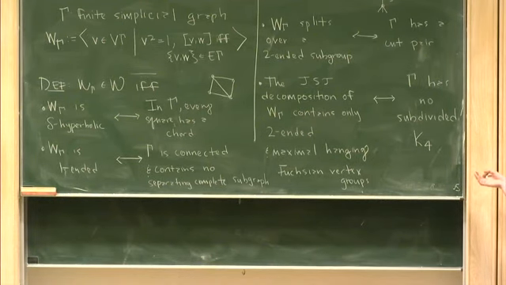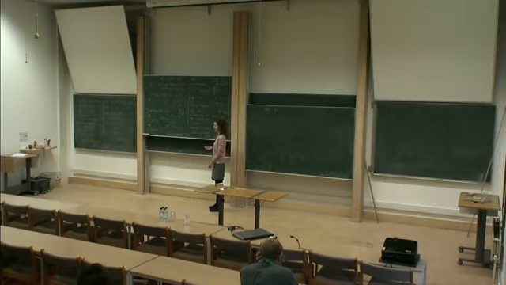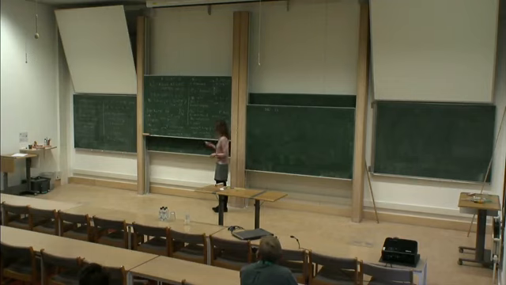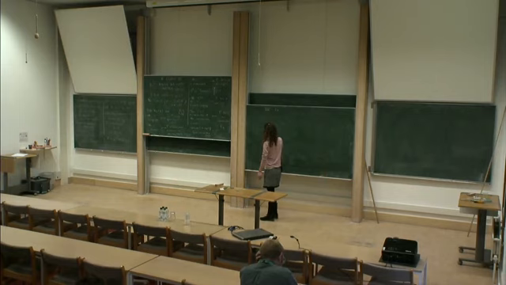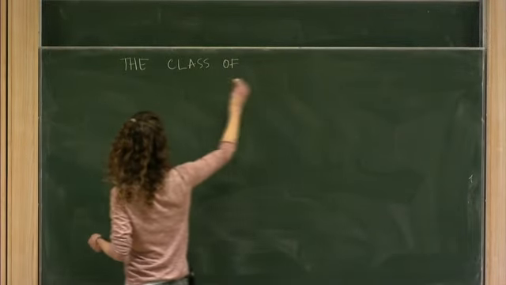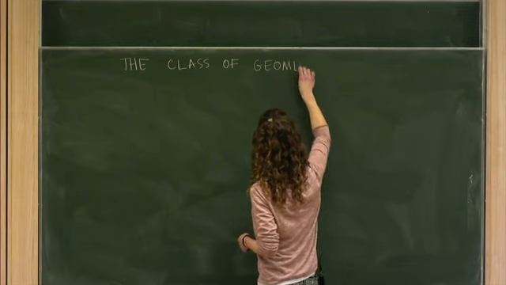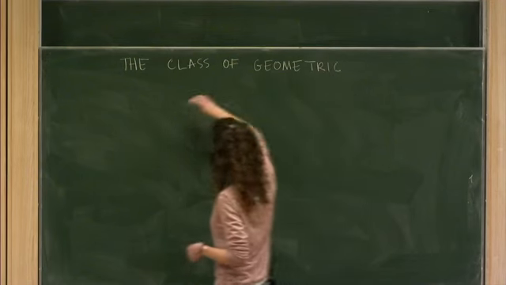So this class of right-angled Coxeter groups that we consider is very closely related to the class of geometric amalgams of free groups.